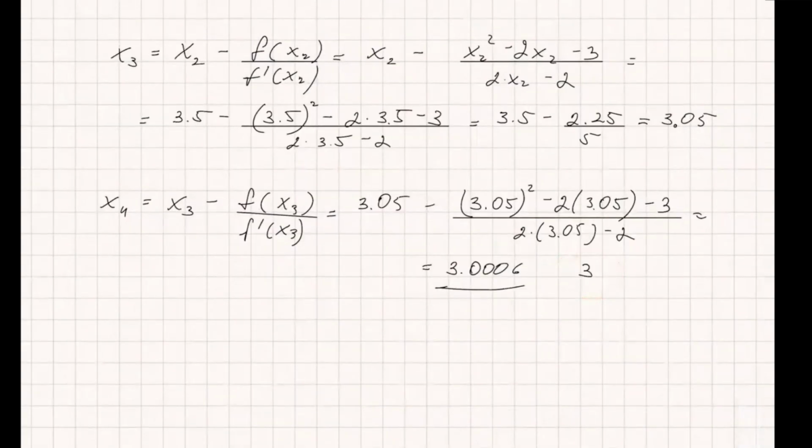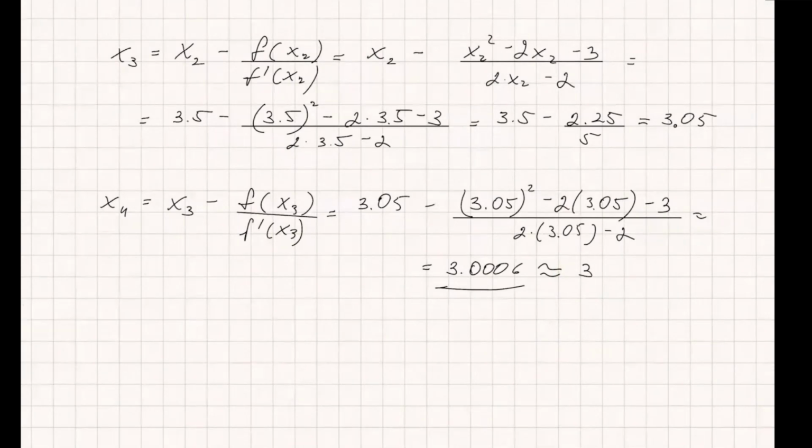Again, you can find one root at a time, and then for the second root, you'll need to repeat the process, choosing some other initial value that is maybe close to 1, or maybe close to 0 or -1 or something like this.